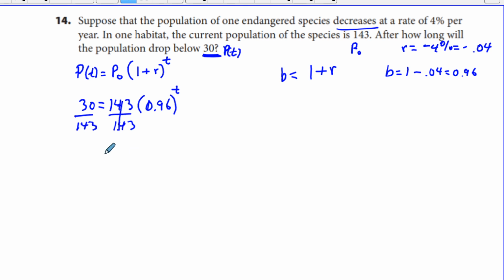So that cancels out. So we have 0.96 to the power of t is equal to 30 over 143.